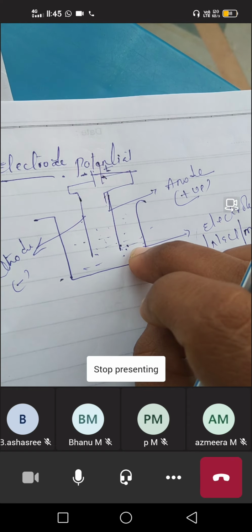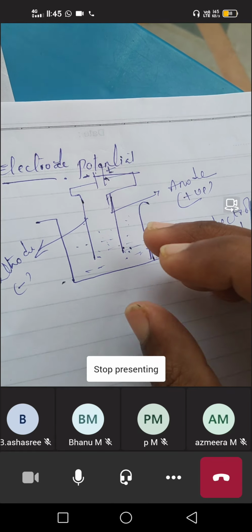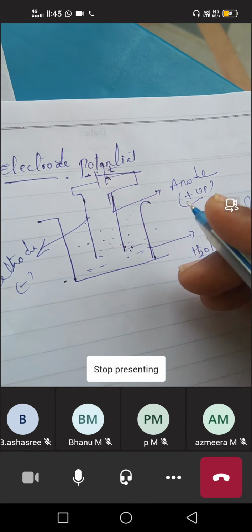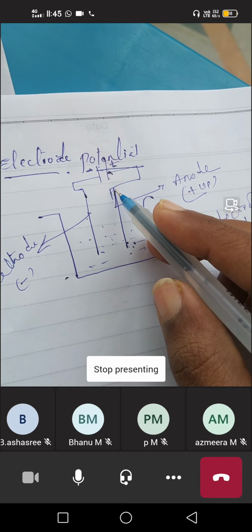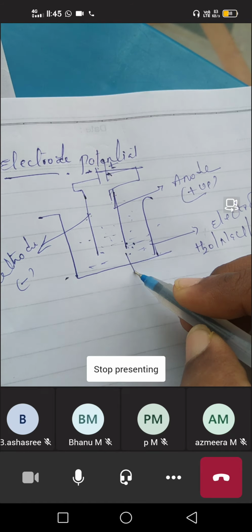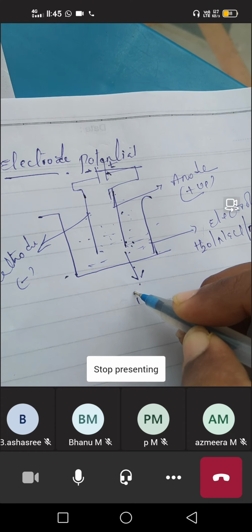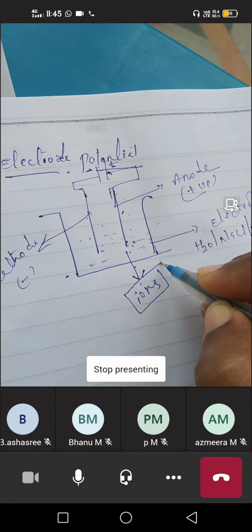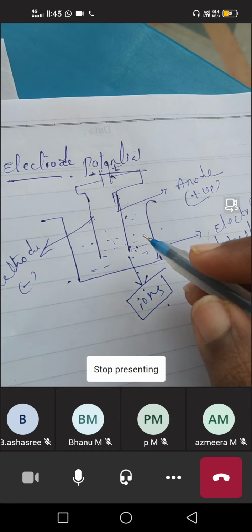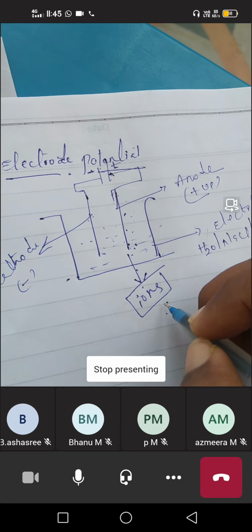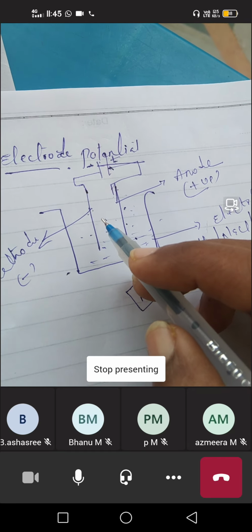The property of an electrolyte is that when we pass electricity through it with the help of electrodes, it should dissociate into ions.